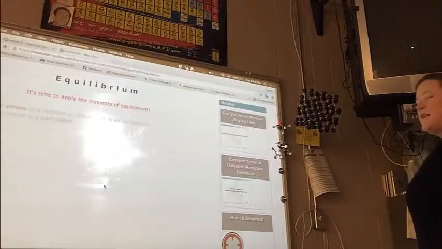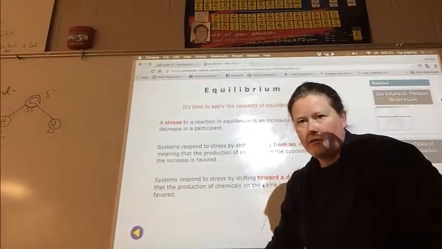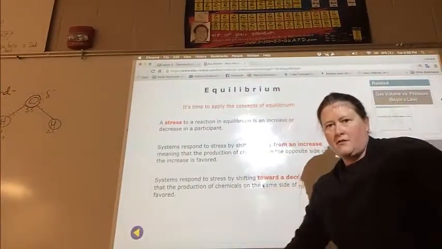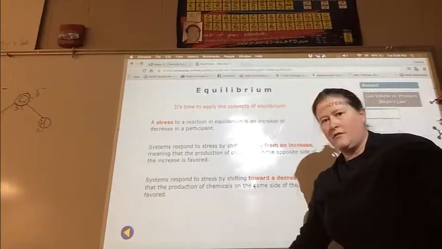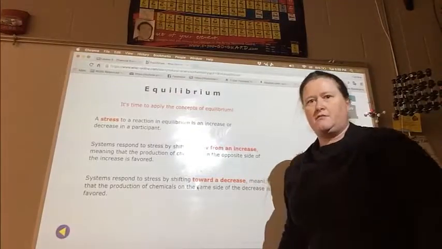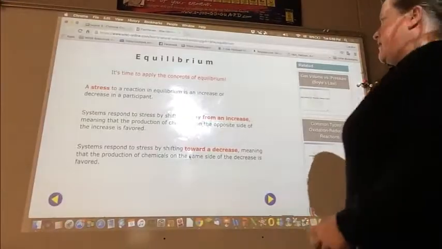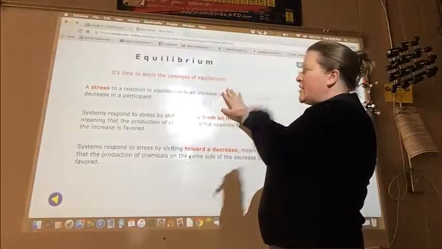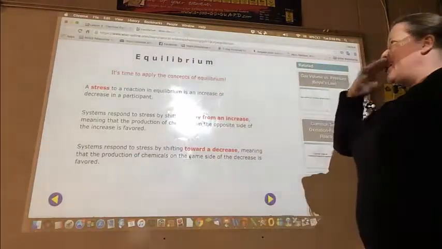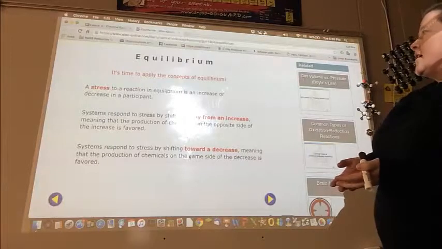So it's time to apply the concepts of equilibrium. A stress to a reaction in equilibrium is an increase or decrease in one of the substances.